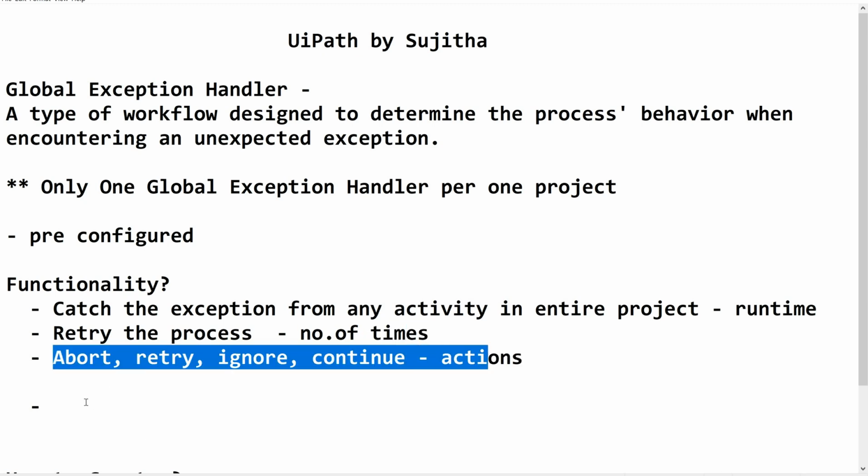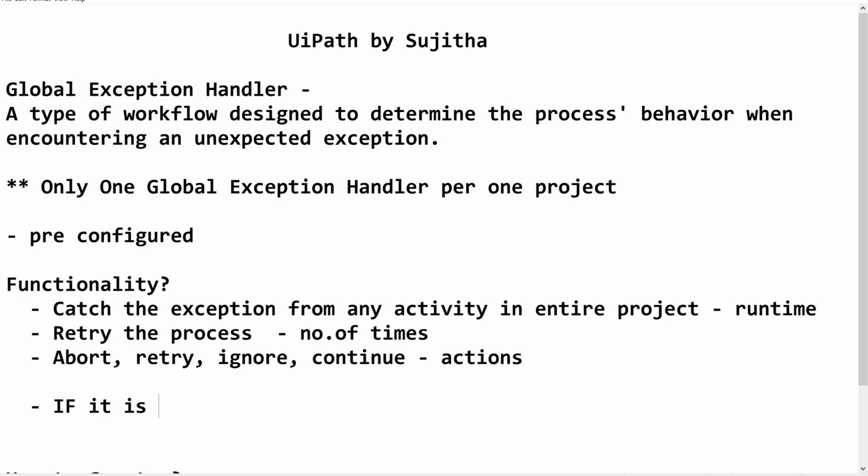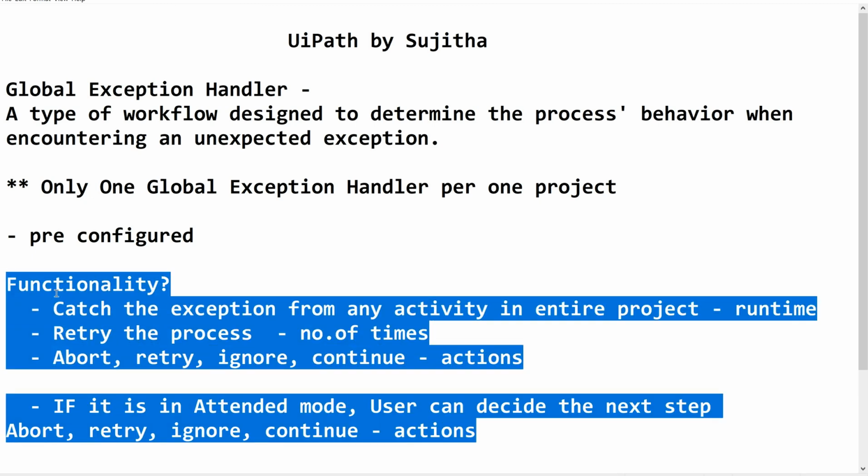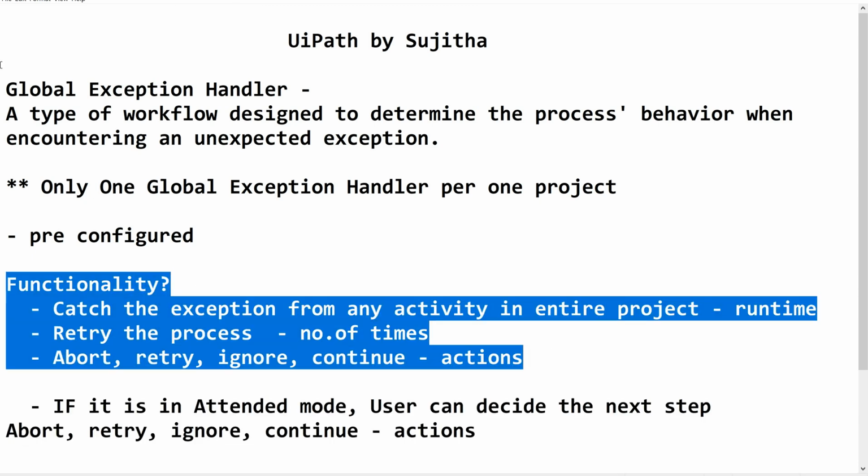If it is in attended mode, the user can select or decide the next step, which one needs to be performed among these: whether the process needs to be aborted, retried, ignored or continued. Okay, fine. This is the predefined functionality of this handler, the global exception handler.